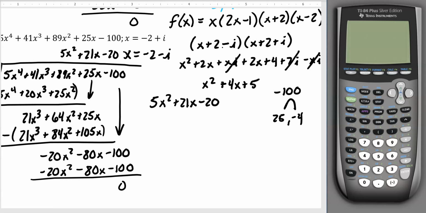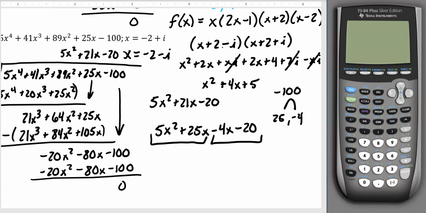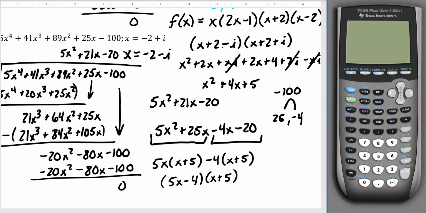So I'm going to rewrite this as 5x squared plus 25x minus 4x minus 20, and then do some factoring by grouping. I can take out a 5x to leave me with x plus 5. I can take out a negative 4 to leave me with x plus 5. And that tells me my factors are 5x minus 4 times x plus 5.